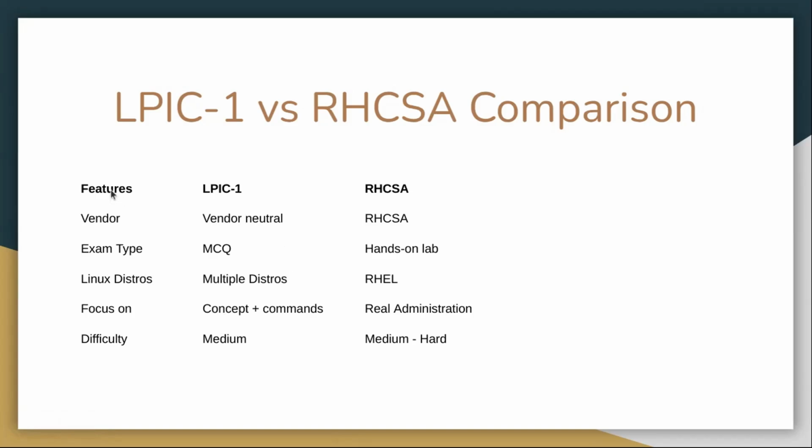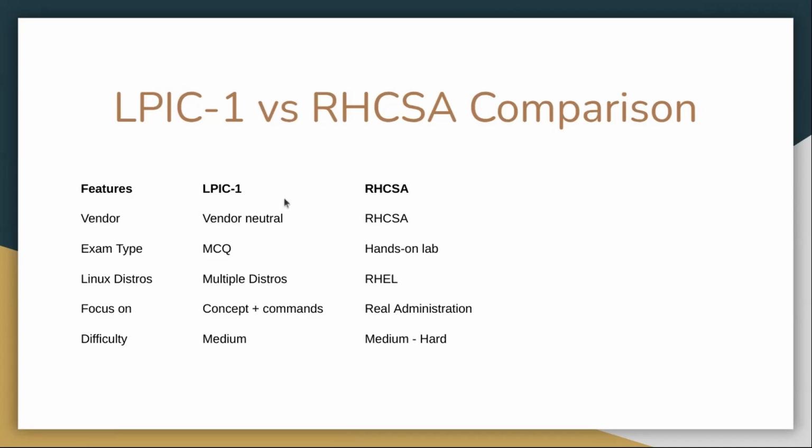If you talk about the features of LPIC and RHCSA, the first feature is the vendor. As we already saw, LPIC is vendor neutral, which means you can work on any Linux distribution, like Ubuntu, CentOS, Oracle Linux, SUSE, any Linux distribution.